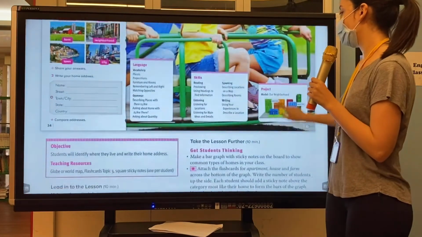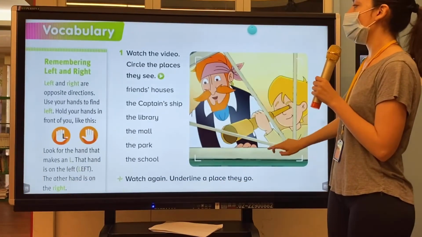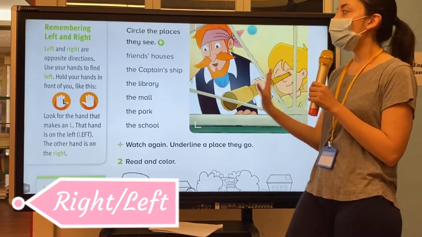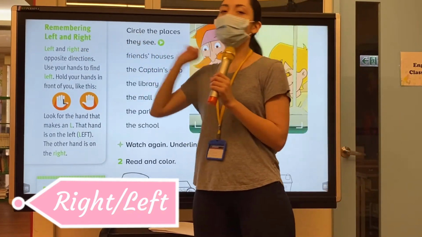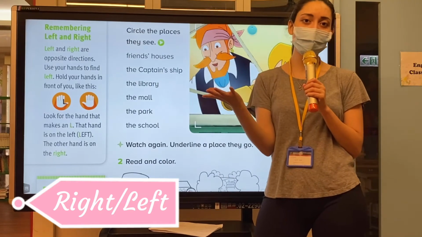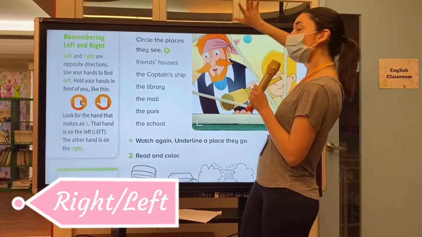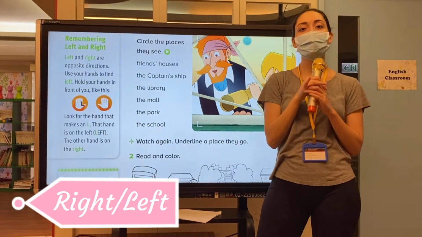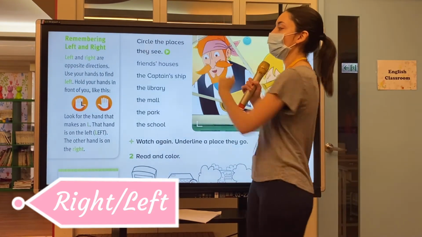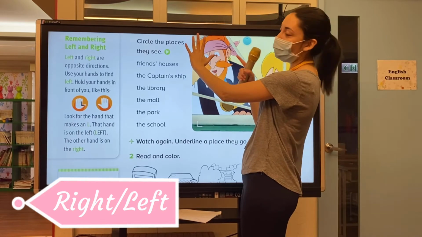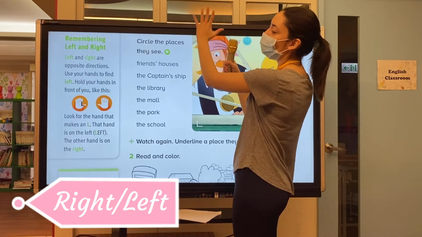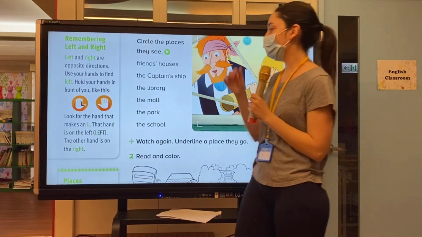Okay, so moving on here in your book, we were talking about always remember left and right. Most of you will write with your right hand, and then we have our left hand. Remember what I told you? Left with the L, so we form the L with our left hands.